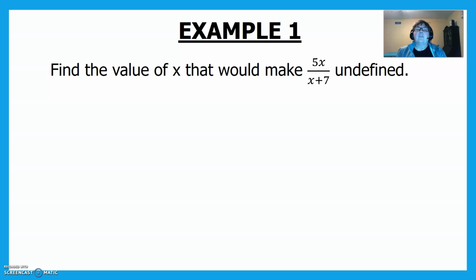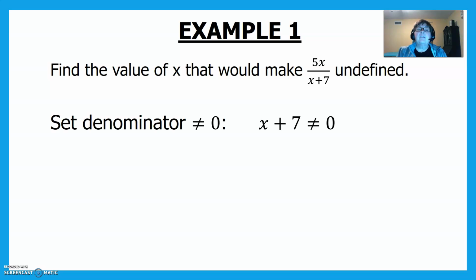So here's our first example. Find the value of x that would make 5x over x plus 7 undefined. So I'm just going to follow a couple simple steps. The first one is to set the denominator not equal to 0. So x plus 7 is not equal to 0. All right, I'm going to solve it just like if that were an equal sign.